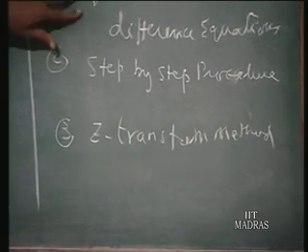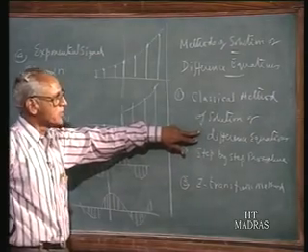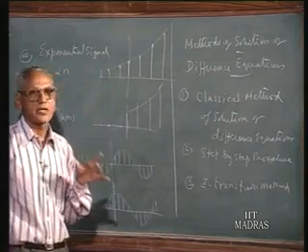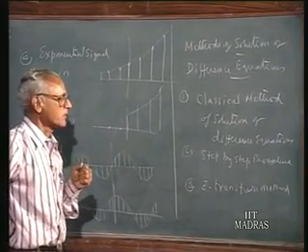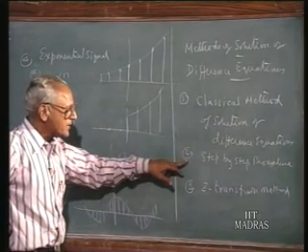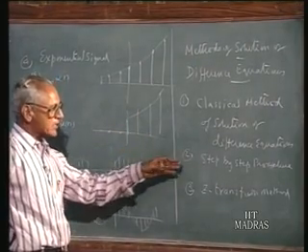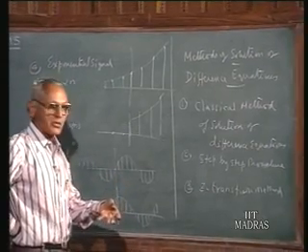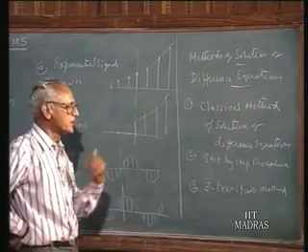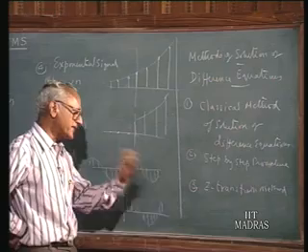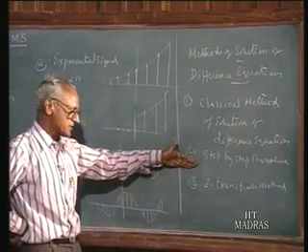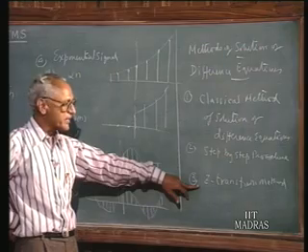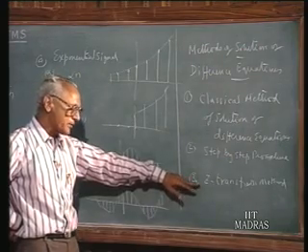The classical difference equation solution corresponds to the solution of differential equations that you are familiar with. The second method is step-by-step numerical calculation, which is convenient because you have a recursive relation: from the values known at the present instant of time, you can calculate the value of the dependent variable at the next sampling instant and so on. The Z transform method corresponds to your Laplace transform technique, and we'll spend a lot of time on this.